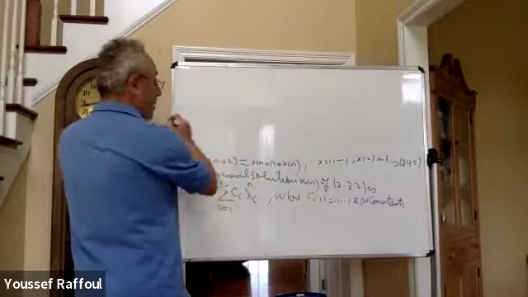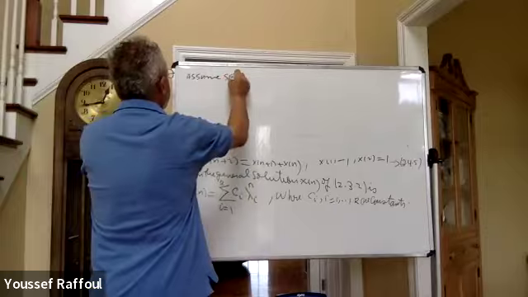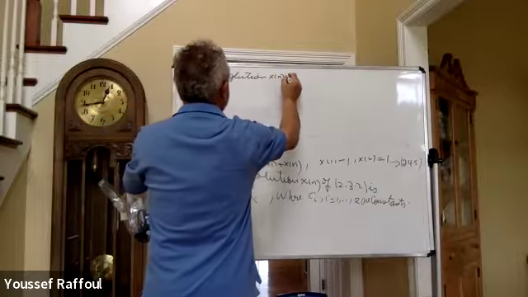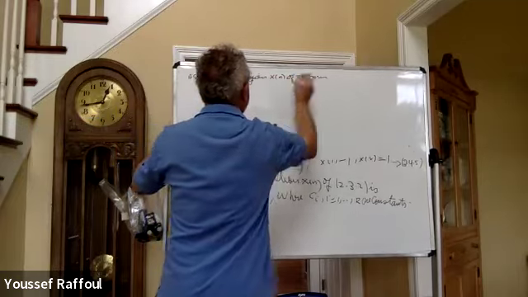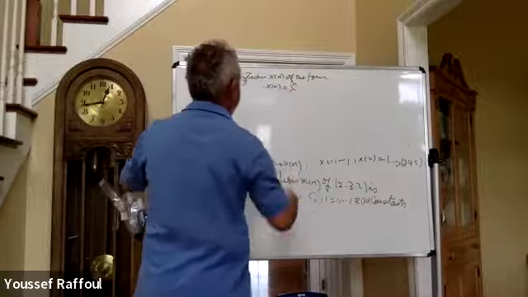So we assume a solution x_n of the form x_n equal to lambda to the power n.